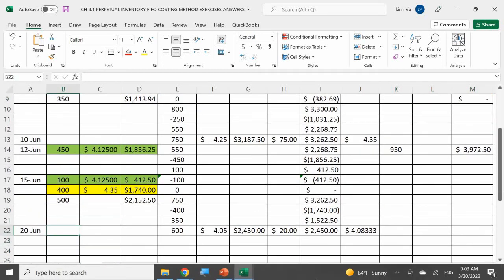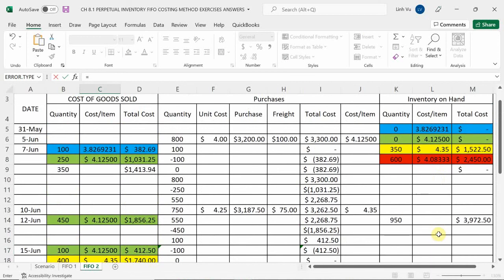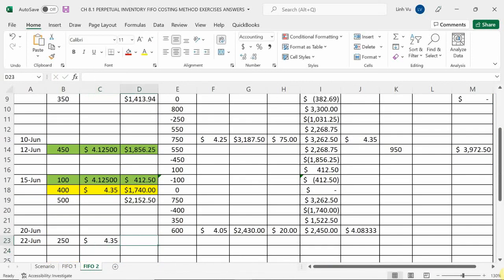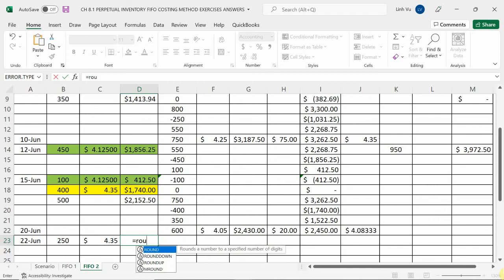So in this case, it's June 22nd, 250 units. At what cost per item is my yellow batch? $4.35. So what is my total cost of goods sold?